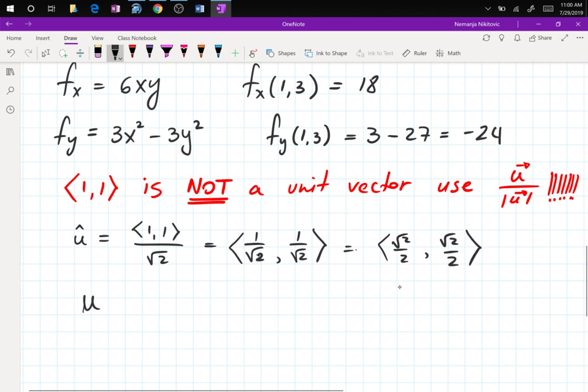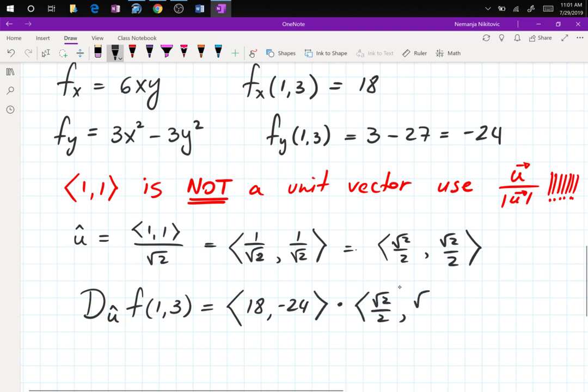So now our directional derivative in the direction of u hat of the function computed at 1, 3 is going to be 18 and negative 24 dotted with root 2 over 2, root 2 over 2.